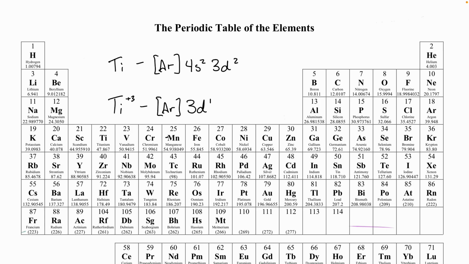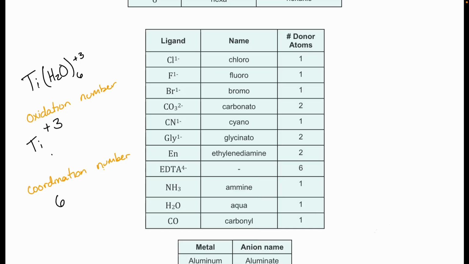Okay, so now we got all these little components that we sort of worked on individually. That's my electron configuration and our coordination number. Our coordination number will help us figure out the geometry of our complex.